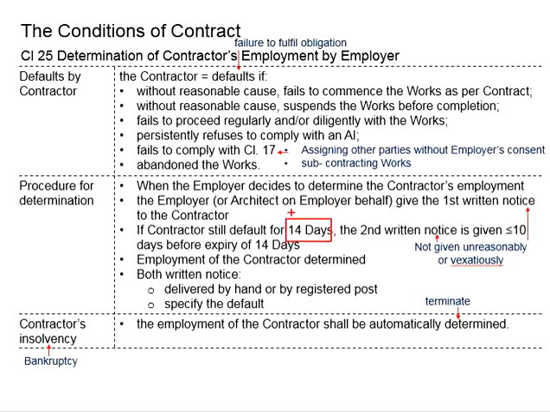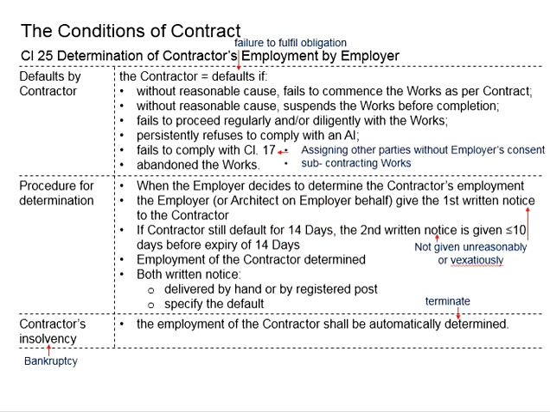Within these 14 days, if the contractor still remains in default, the second notice may be issued. The second notice cannot be issued immediately, the second day after issuing the first written notice. At least a few days' buffer should be given in order to observe the response of the contractor. But the limit will be 14 days.